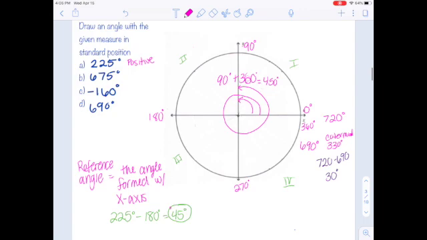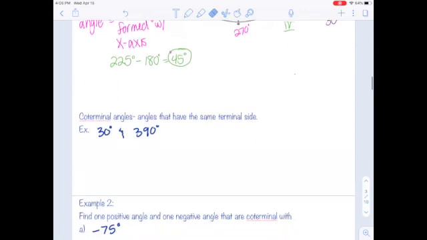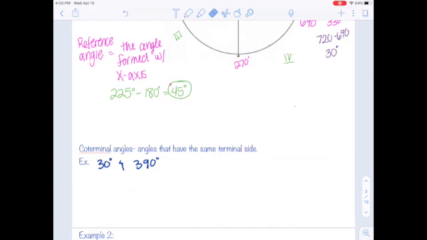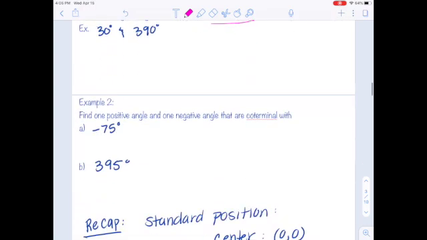So 450 degrees and 90 degrees are coterminal. All right, let's define that for you guys down here. Coterminal angles are just angles that have the same terminal side, aka they end at the same place. For example, 30 degrees and 390 degrees.